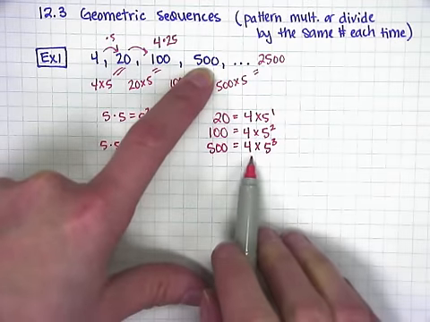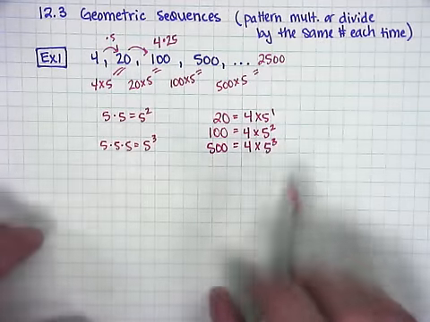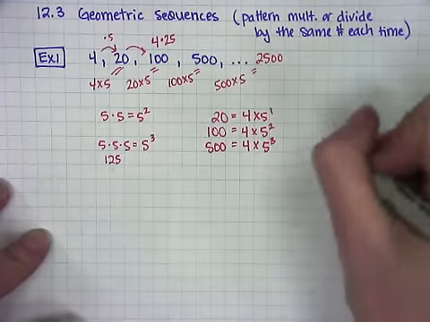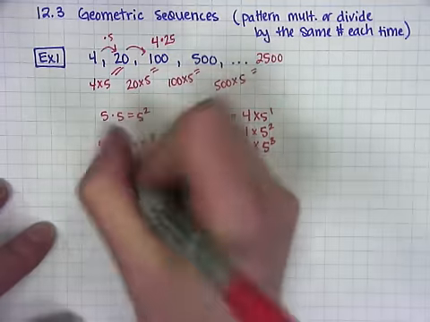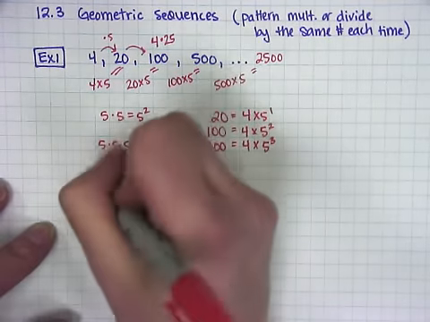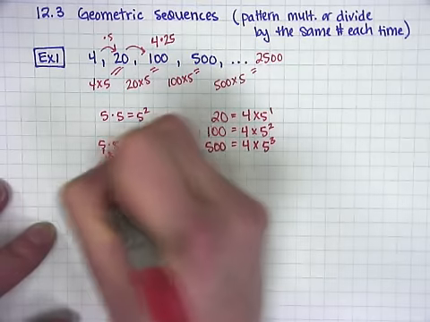Now this one might wig you out a little bit, but let's look at it. 5 cubed, 5 times 5 times 5 is 125, right? And if I do 125 times 4, 5 times 4 is 20, bring up the 2, 2 times 4 is 8, plus 2 is 10, bring up the 1, 1 times 4 is 4, plus 1 is 5.